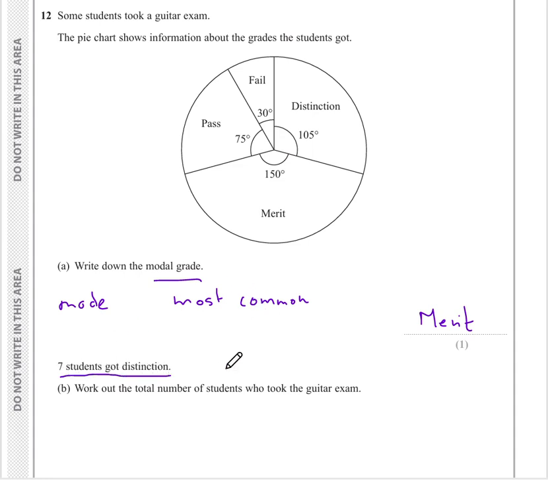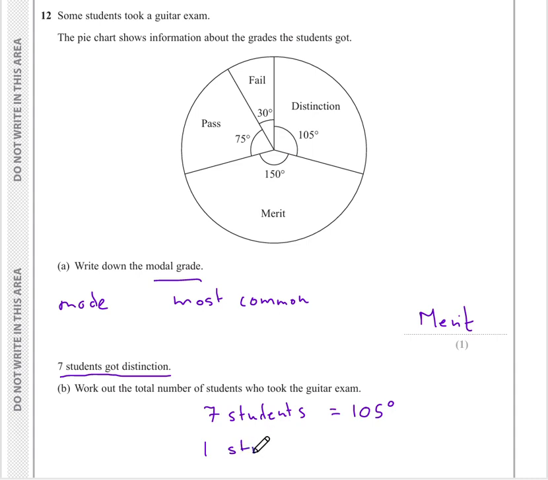7 students got a distinction. Work out the total number of students who took the guitar exam. We've got 7 students. It's going to be 105 degrees. So it's always useful to work out what is one student.